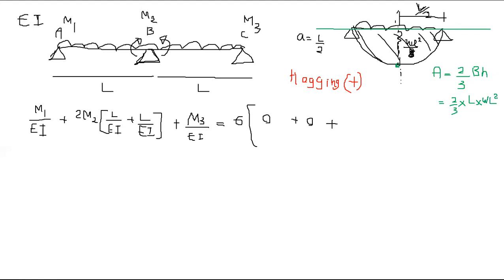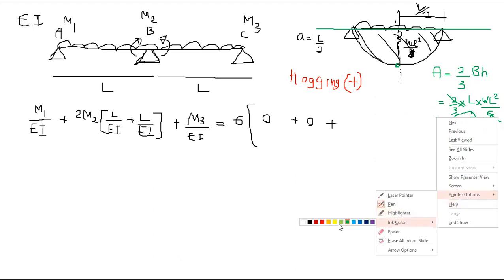So that's capital A, capital L, which gives you WL cubed over 12. This is the area.